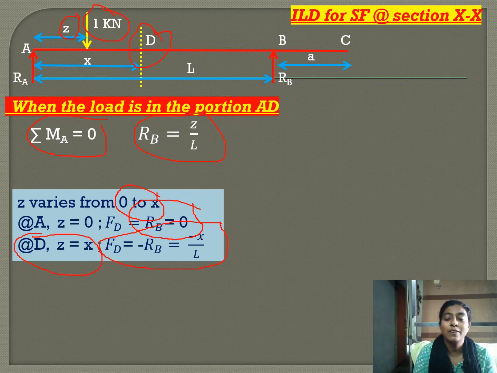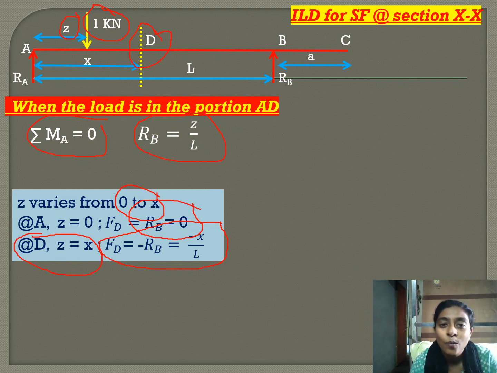See, I forgot to tell you one thing. When you are determining the influence line diagram for shear forces, we know by definition, shear force is the summation of all the forces either to the right or to the left of the section.